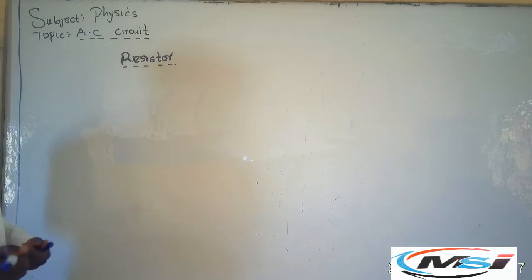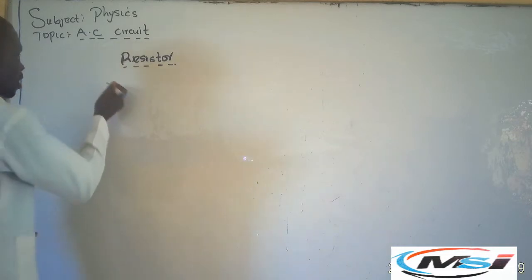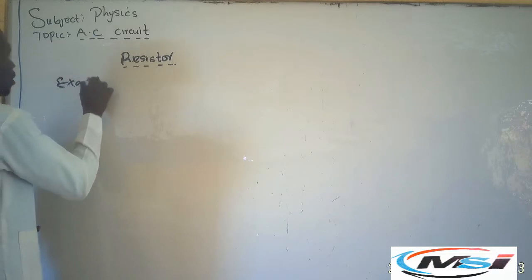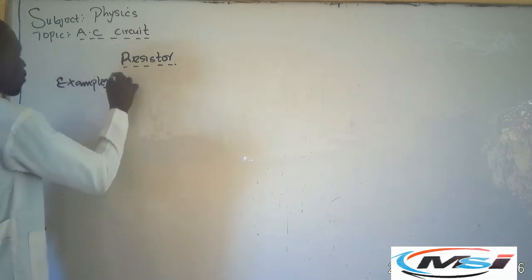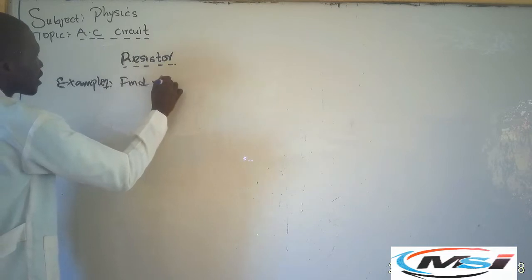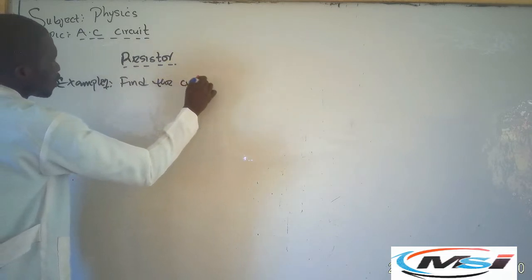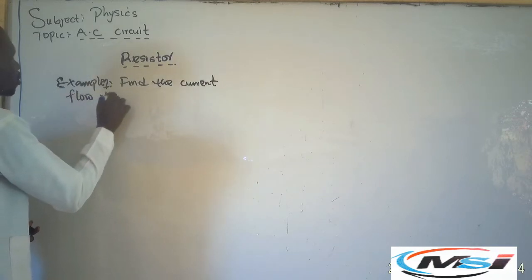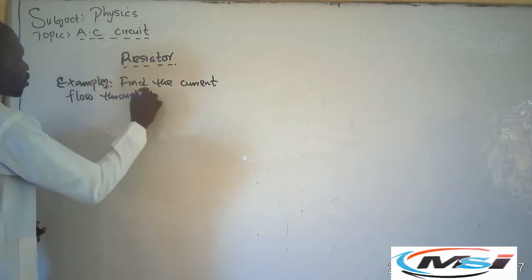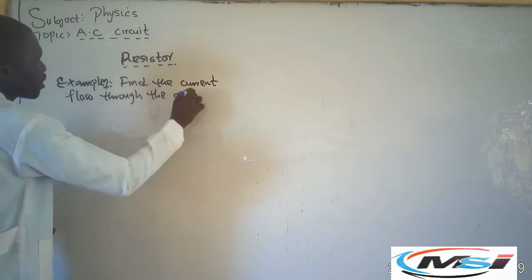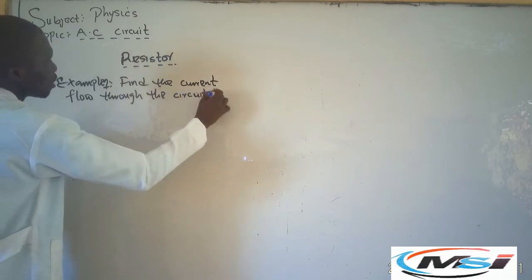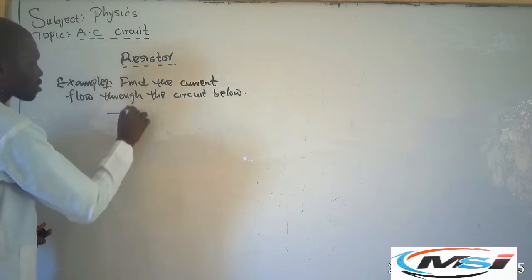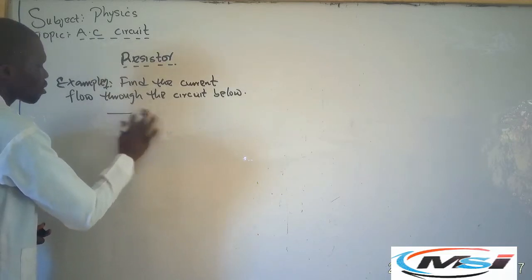Okay, let's take a look at this question. A question is an example: find the current flow through the circuit below. And what is the circuit? You have something like this. Sorry, pardon me.